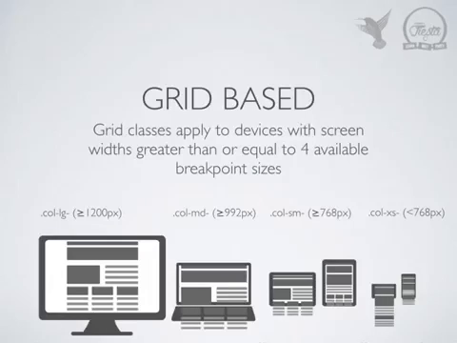Col-md, 999, including 999. SM or small is going to target tablets. So if you look at this, anything that is higher than 768 but less than 992 will be targeted. This is how it works. It actually takes a range of screen sizes. After it reaches this number, everything is treated as medium size resolution.